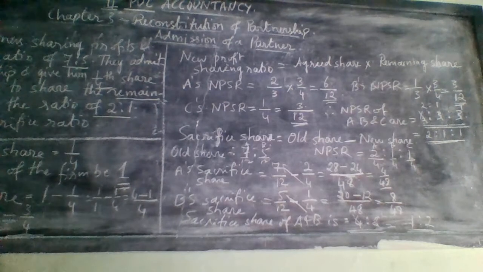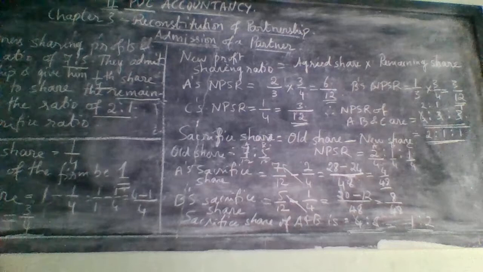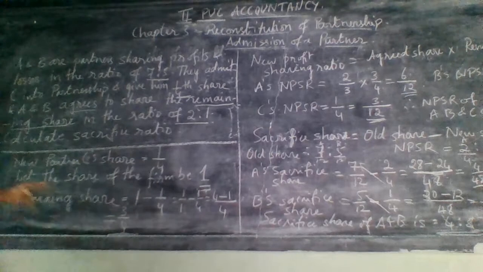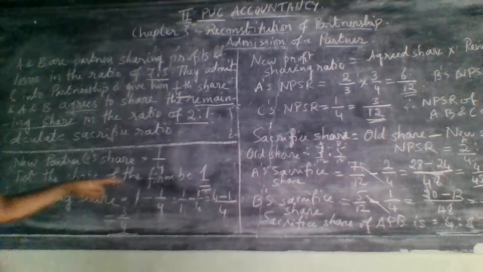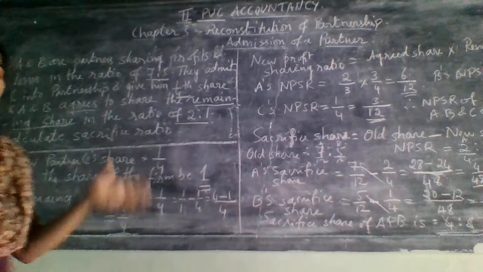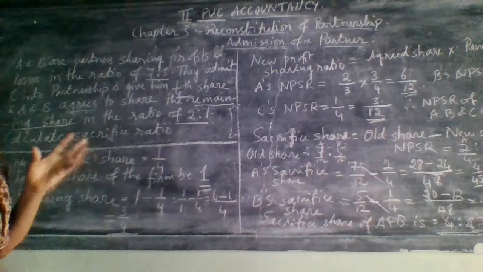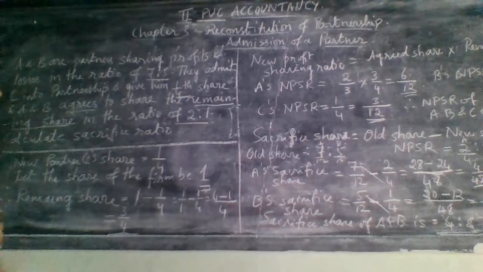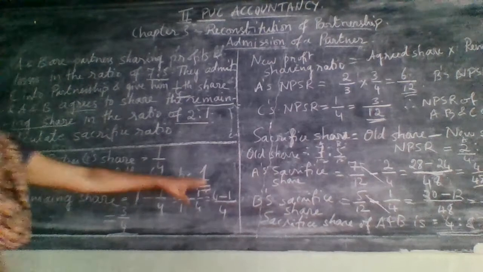First thing, you need to write the new partner's share down. The new partner's share is how much? 1 by 4. After writing the new partner's share, let the share of the firm be 1, because the share of the firm is always 1 only. That one part they will divide among the partners, so consider it as 1.